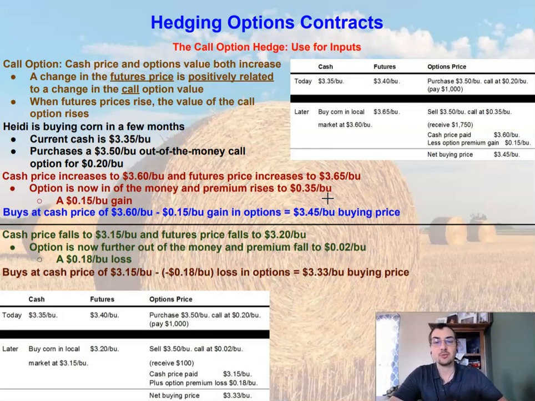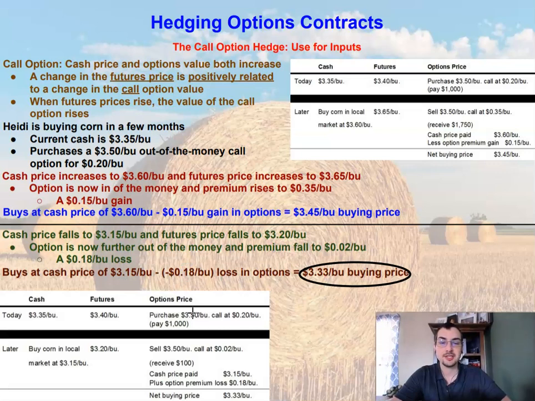So what happens? Well, we still need to buy that physical commodity, so we buy it at the cash price of $3.15 per bushel. But now we also have to pay for that loss in the options contract, so we pay an additional 18 cents. We're paying $3.15 plus an additional 18 cents for that loss in the options, and our net buying price winds up becoming $3.33. This is both money going out to buy the commodity and money going out to pay for our loss.